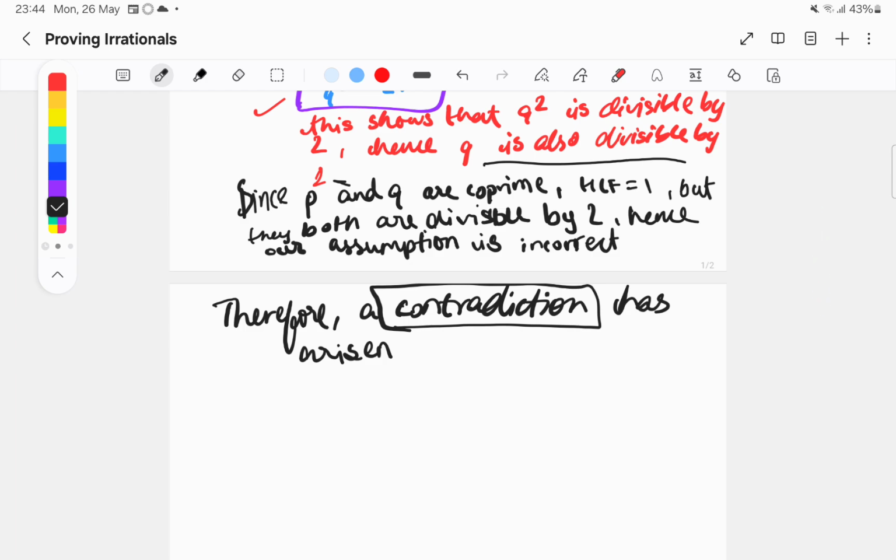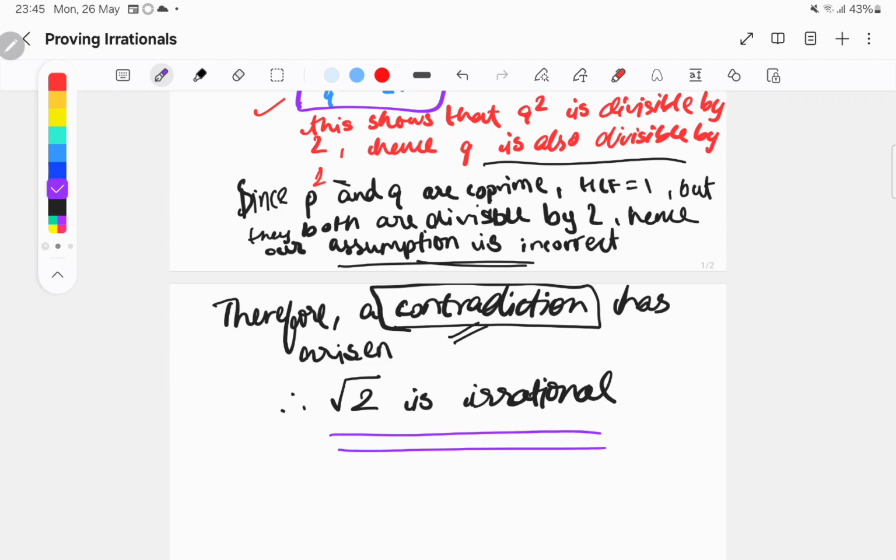What we assumed is contradictory to what we have concluded with our proof. Yes, so a contradiction has arisen. Therefore our assumption is incorrect, we wrote. Hence, therefore again, root of 2 is irrational. That is our proof done.